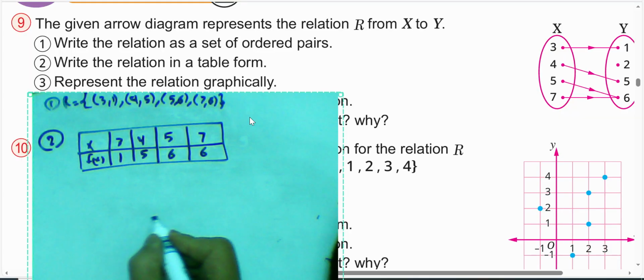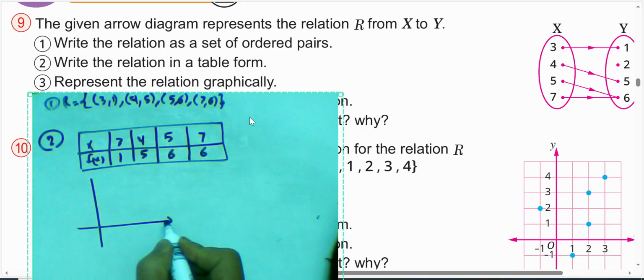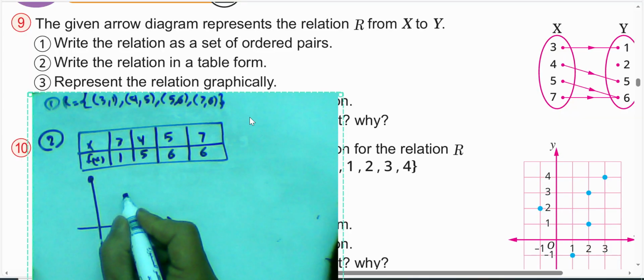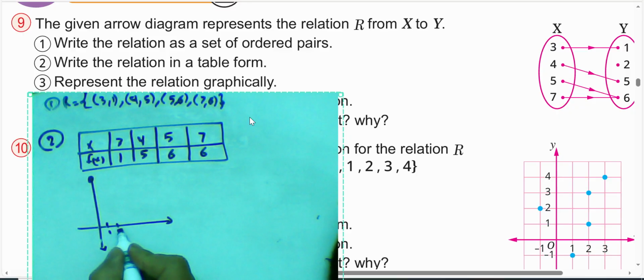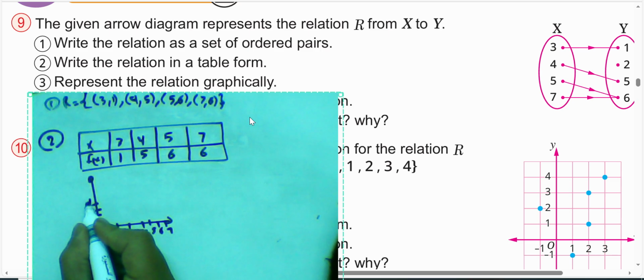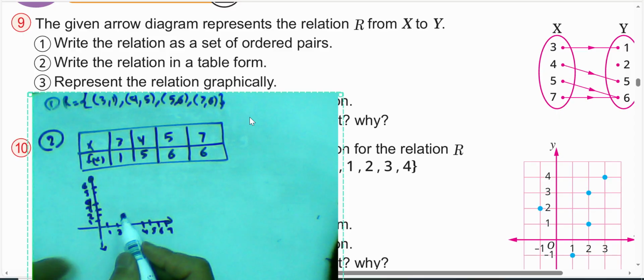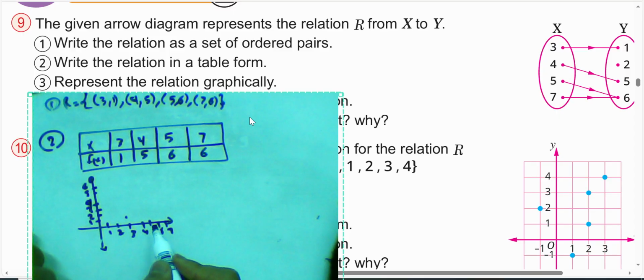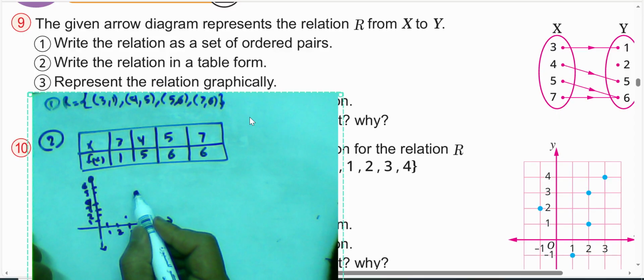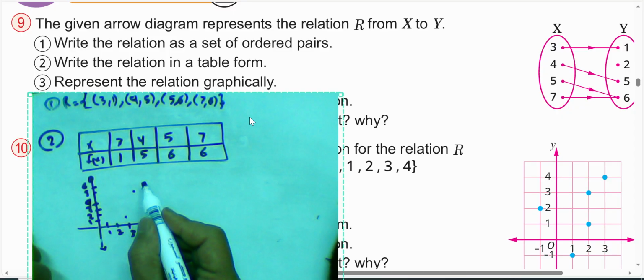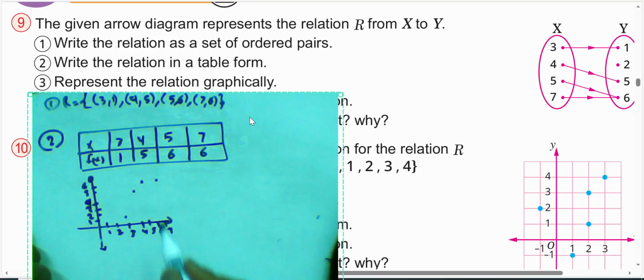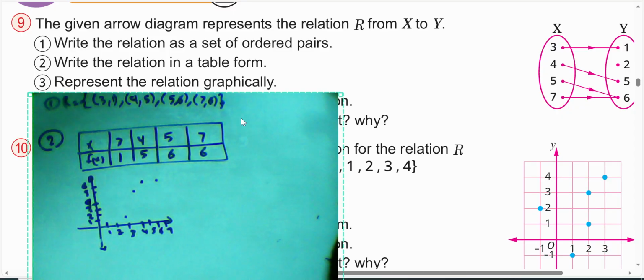We can draw the x-axis and y-axis, with positive first projection, first order here: 1, 2, 3, 4, 5, 6, and 7, and 1, 2, 3, 4, 5, and 6. The image of 3 was 1, 4 was 5, 5 was 6, 7 was 6.